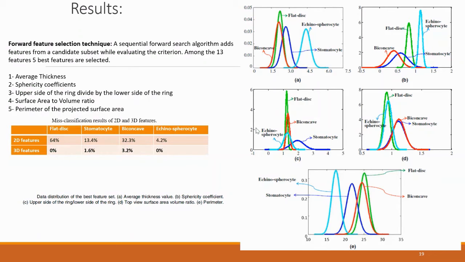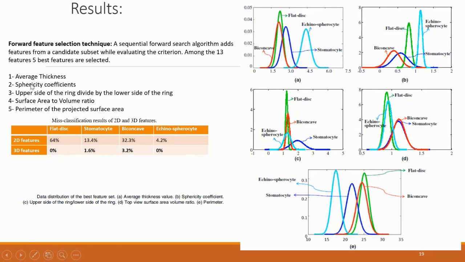So it constantly adds features to the feature set and then classifies them. When we add a feature and it drops the classification accuracy, then it's not a good feature. If it improves the accuracy, then it's a good feature. After this forward feature selection, it turned out these 5 features are the best.